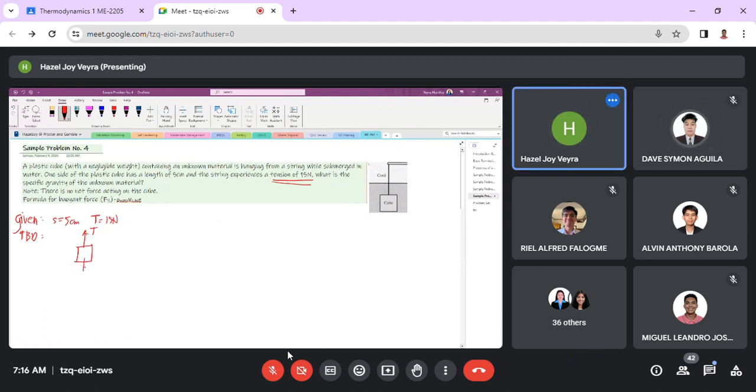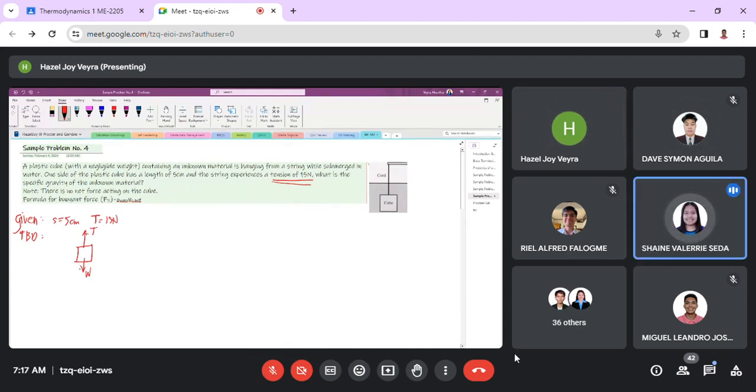Yes, correct. So we have here the weight. And the last force acting on the cube, what's the last force? Buoyant force po. Correct. And the direction of the buoyant force is upward po. Correct. So we have here FB.